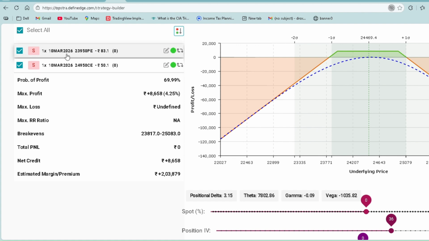Both these strike prices are OTM, that is, out of the money option strikes.